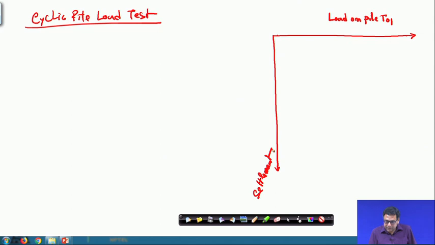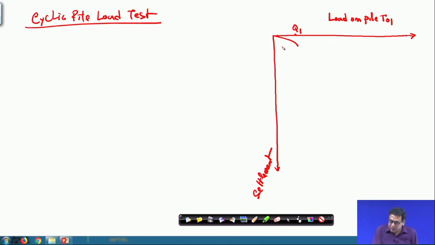As I mentioned, you apply the first increment, say Q1. This is the loading part.